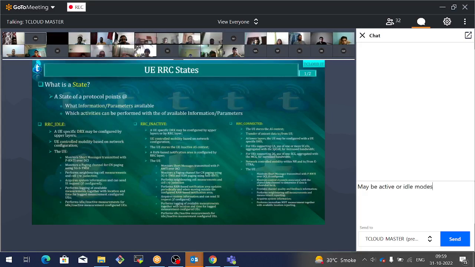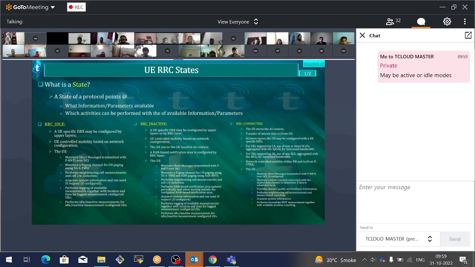Okay. So what is a state from a protocol point of view? A state kind of tells you what kind of information or parameters are available for the mobile, and by using those parameters and information, what activities can be performed by the UE.